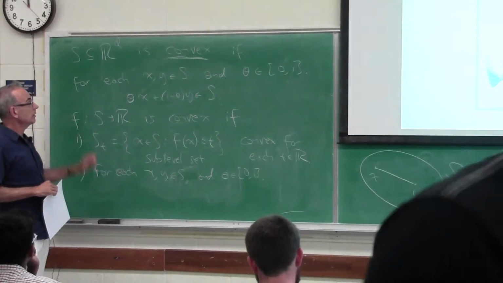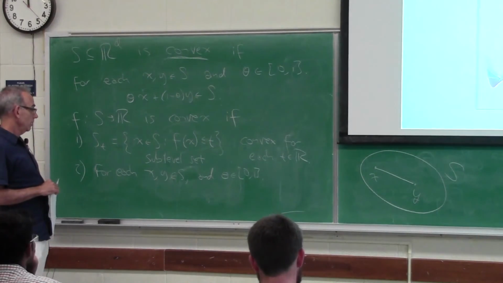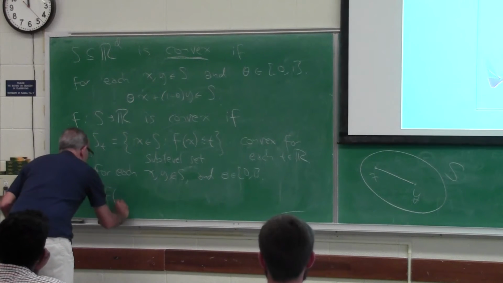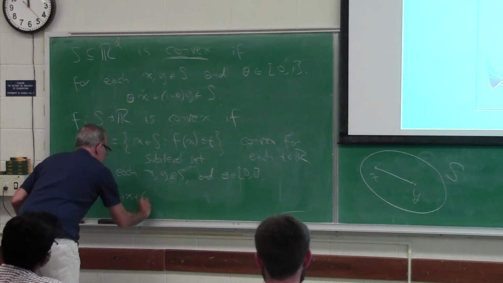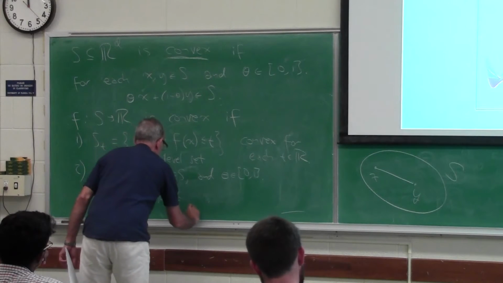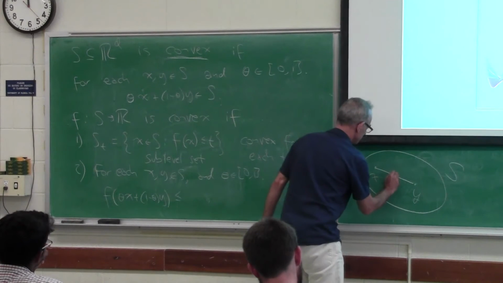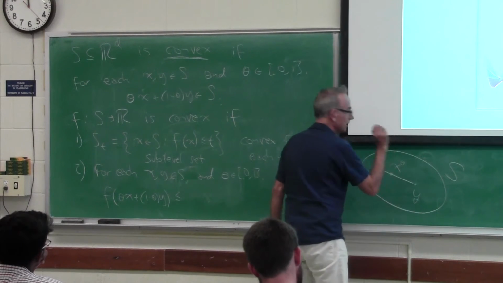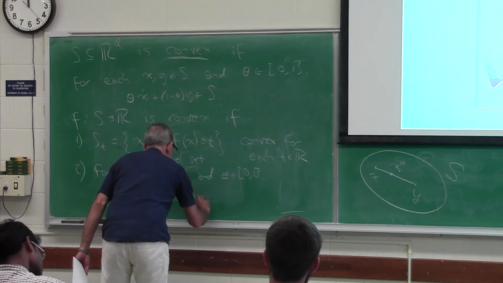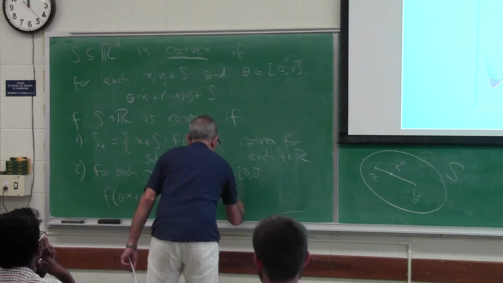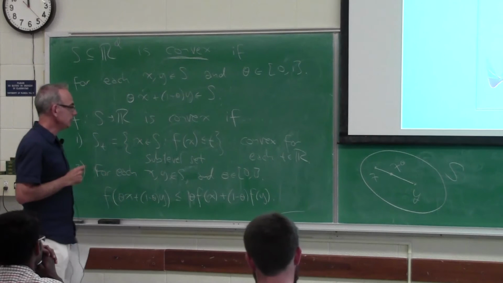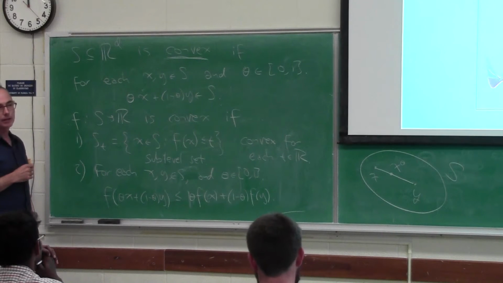So just like starting with the definition of a convex set, we take any x and y in the set and any theta between 0 and 1, we look at f of theta x, that intermediate point, and we have this inequality.